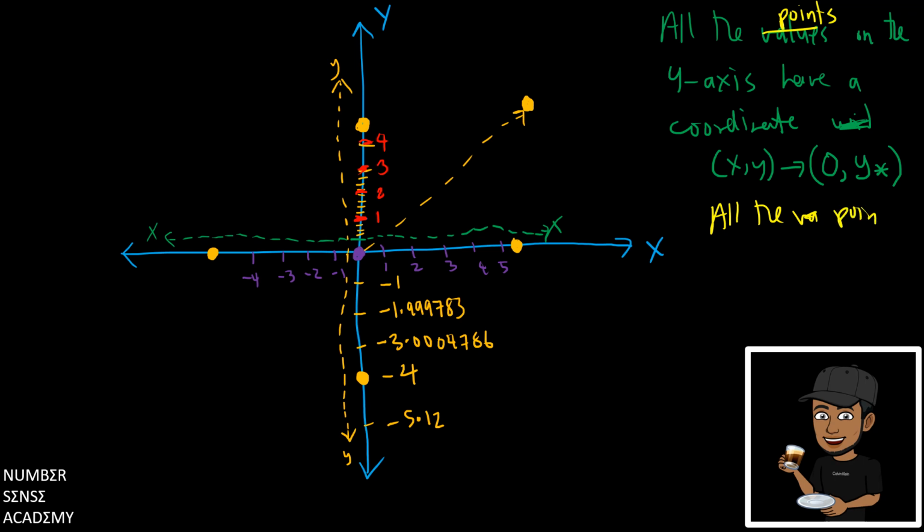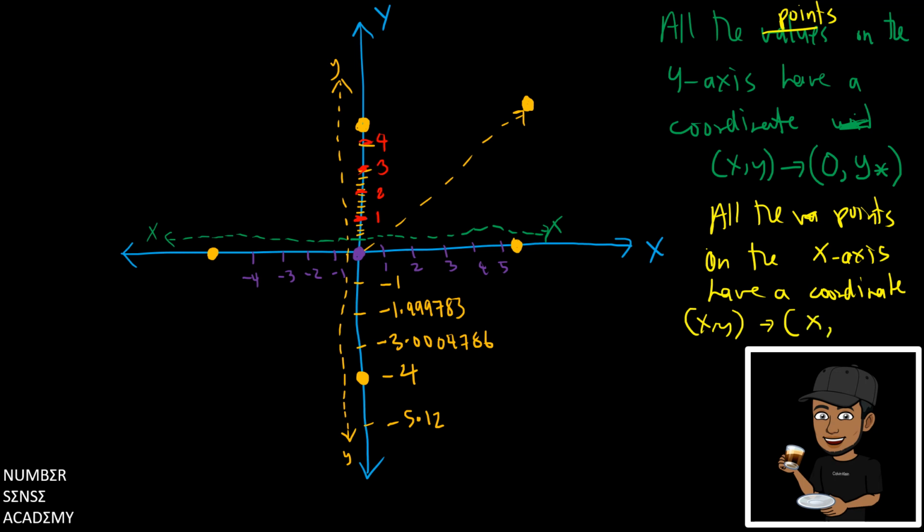All the points on, not in, the x-axis have a coordinate where we get a value of x, call it x star, and y is always 0.